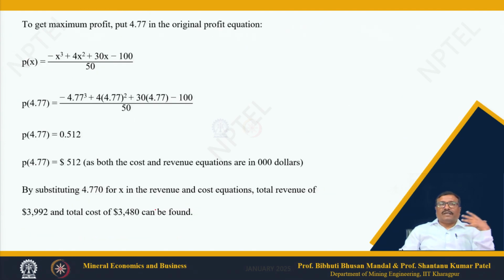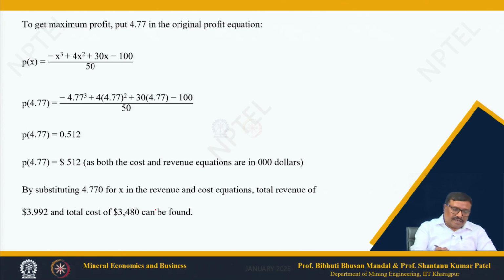Now, we already got where we have the maximum profit, that is, how many units will give us the maximum profit. So, from there we want to quantify what will be the profit by substituting the value of x in the profit equation.